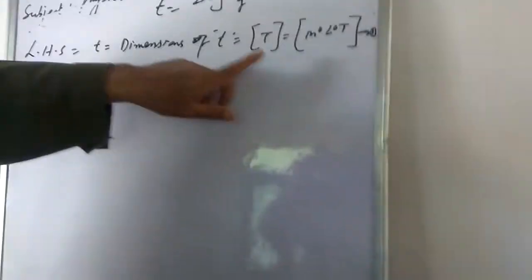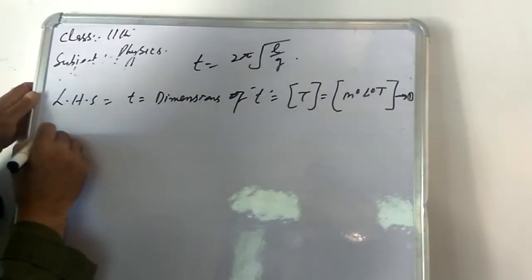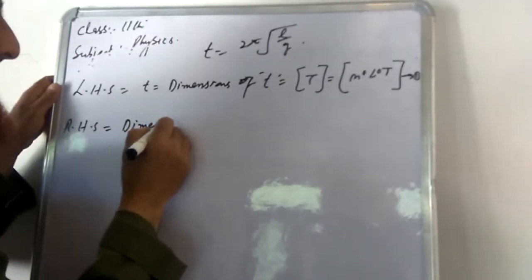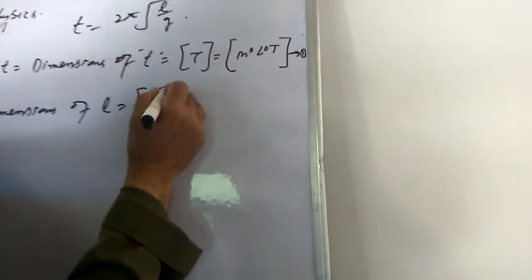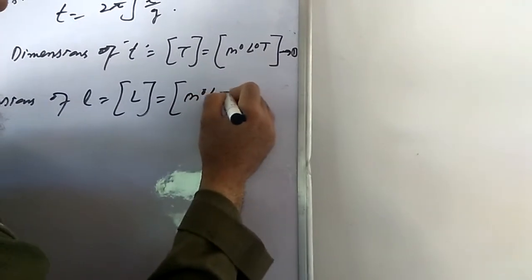Then the dimensions of the left hand side are M0 L0 T. Now the right hand side. Dimensions of L are M0 L T0.